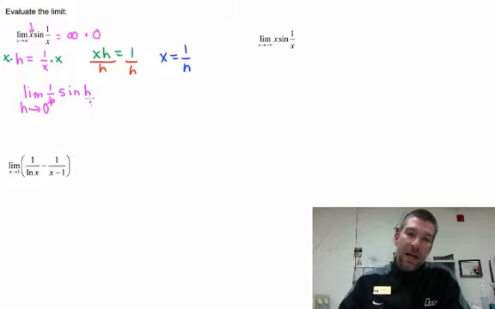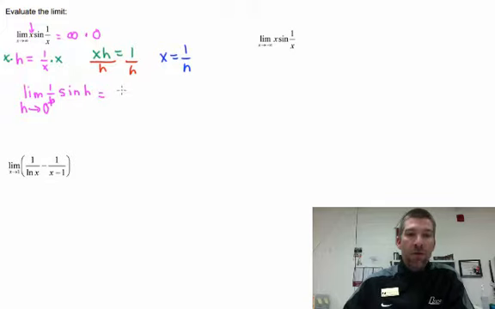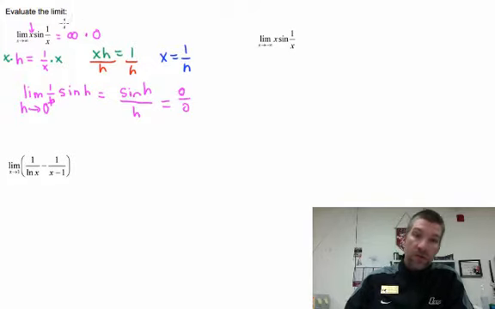But also sine h is interesting. So how do you deal with this? Well, go ahead and write it out like a fraction. We've got sine h over h. And again, as you plug in your zeros here, you get 0 over 0, which is indeterminate. So again, we went from 0 times infinity to 0 over 0.